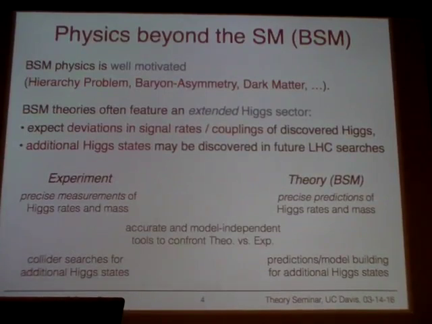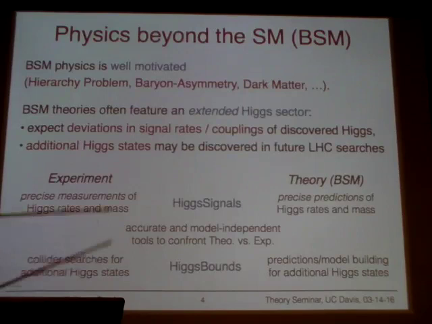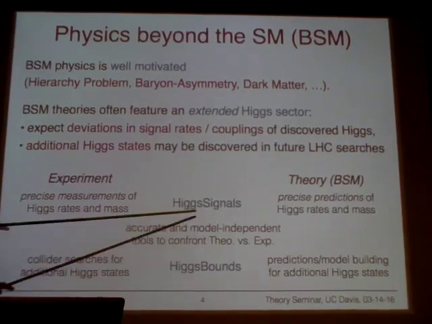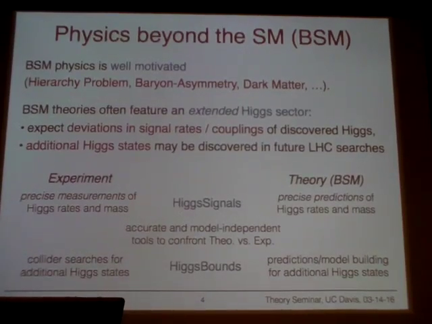And so we need some accurate and model-independent tools for really studying these constraints and mapping the predictions against the measurements. And this is something that I have been working on in the last couple of years on these two public codes, HiggsBounds and HiggsSignals, but I will be mostly talking about them in the first third of the talk.